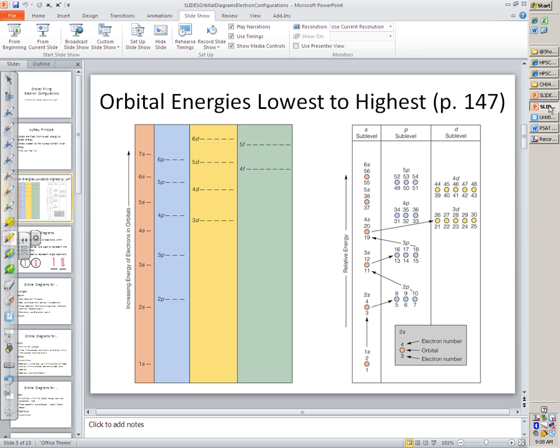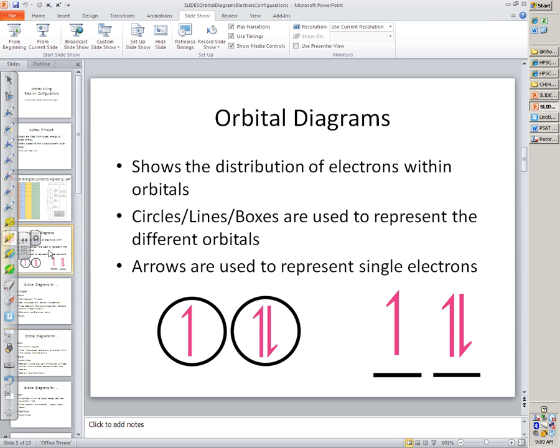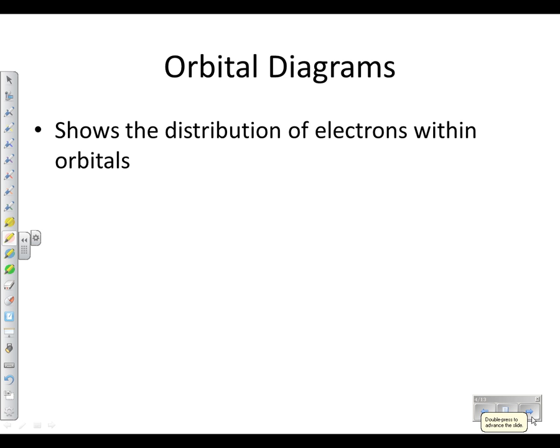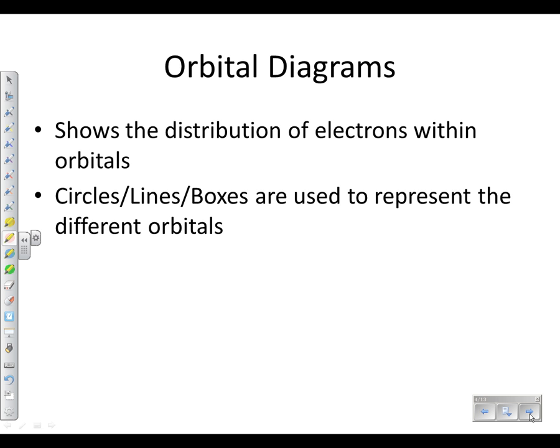This orbital filling diagram we're going to keep coming back to as we go throughout the day. So let's talk about an orbital diagram. An orbital diagram shows the distribution of electrons within orbitals. Depending on what book you look at or what text you're reading, some orbital diagrams will be circles, some will be lines, some will be boxes, but they all represent the same thing.